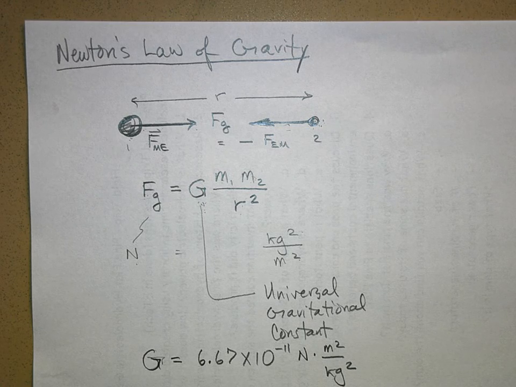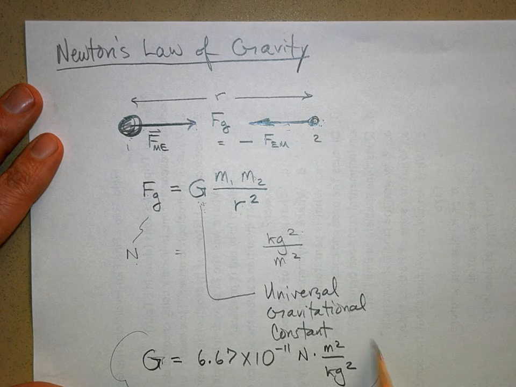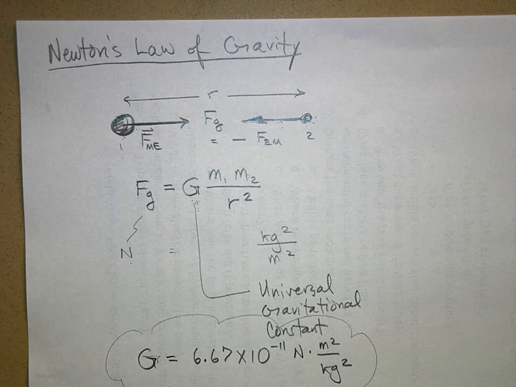But in physics, I think this is really the first constant of nature that we've dealt with. We're going to deal with several more, especially in electromagnetism. But this number represents a property of our universe. It tells you how strong gravity is as one of the forces of nature. And it turns out that it's not very strong.